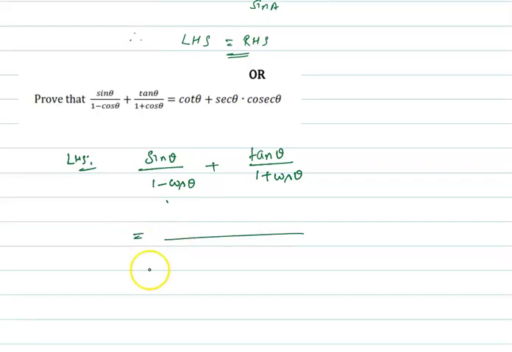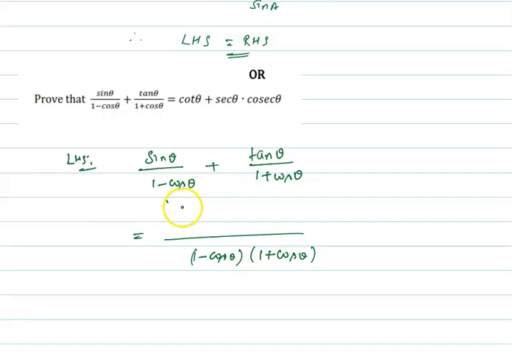The LCM will be equal to 1 minus cos theta into 1 plus cos theta, right?